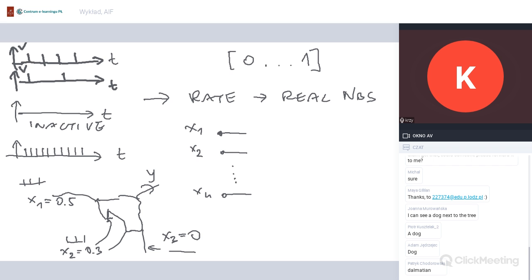If I'm trying to modify a value of x, I can do it in an abstract way by introducing a constant coefficient. I can apply a constant coefficient that I will name W1, and the result of its operation will be to multiply x1 by W1.